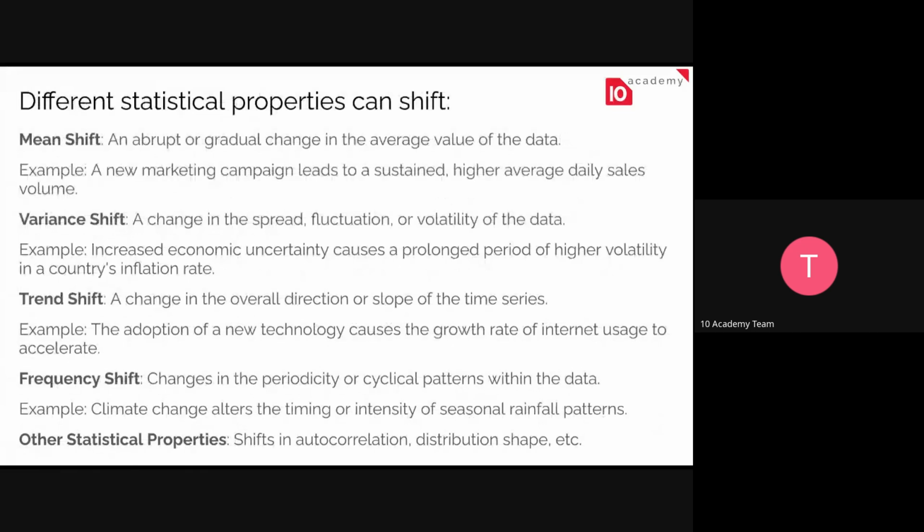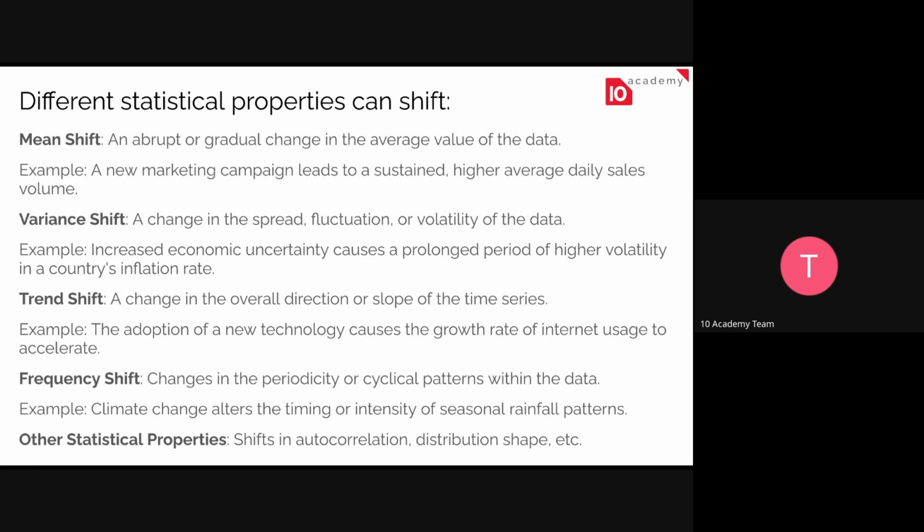Of course, we have a lot of different types of properties. The main ones are mean shift. This is a huge change, or sometimes a gradual change, but most of the time a huge or abrupt change in the average value of the data. So when there is a huge gap between the data and the average value, that's called a mean shift.